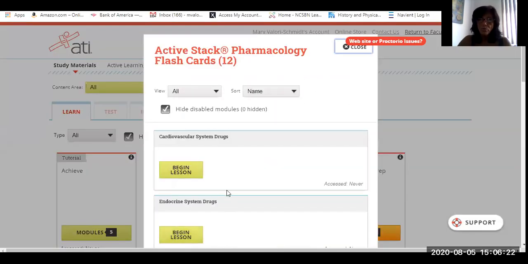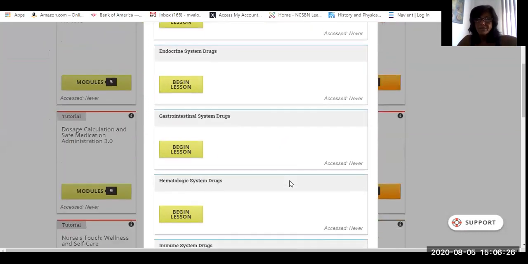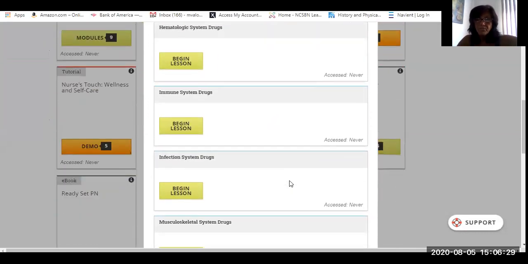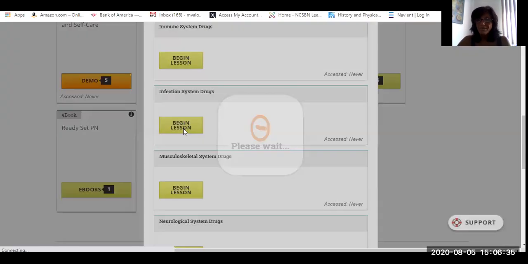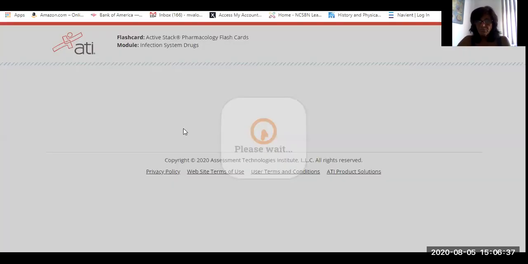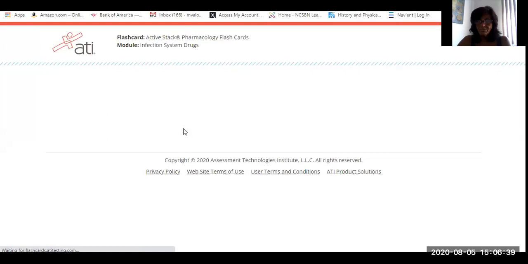And it's going to go through body system by body system. Just the meds. So infection. Okay, let's take a look at infection and see what meds there are. Come on. Of course, today my computer's moving super slow.